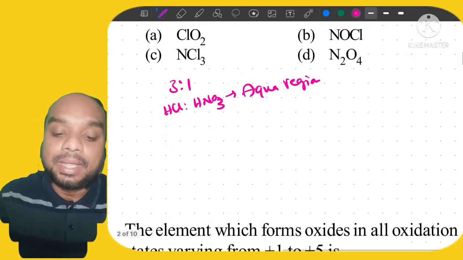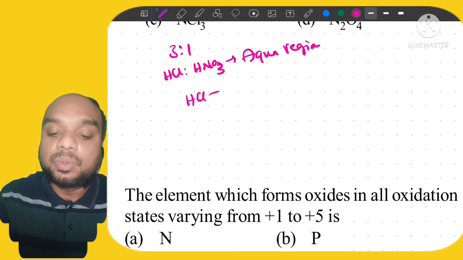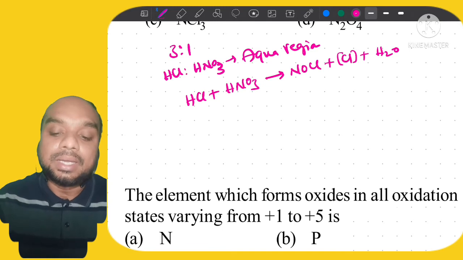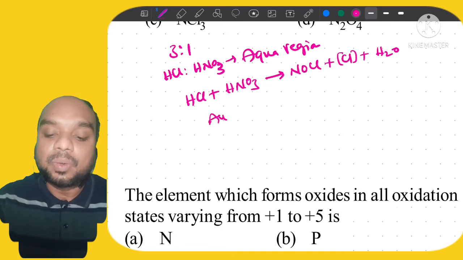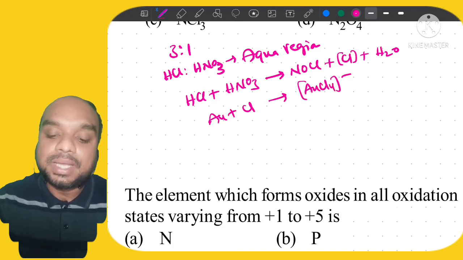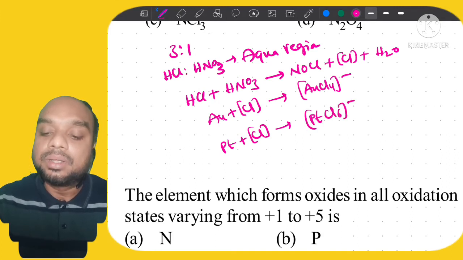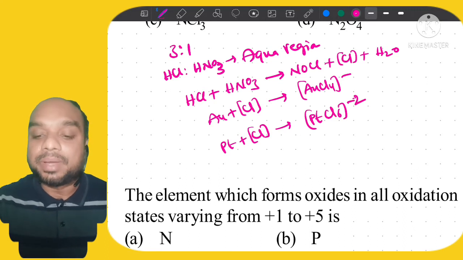When we take HCl and HNO3, we get nitrosyl chloride, NOCl, nascent chlorine, plus water. This nascent chlorine reacts with gold to give AuCl4 minus, and when it reacts with platinum, we get platinic acid, PtCl6 with a 2- charge.